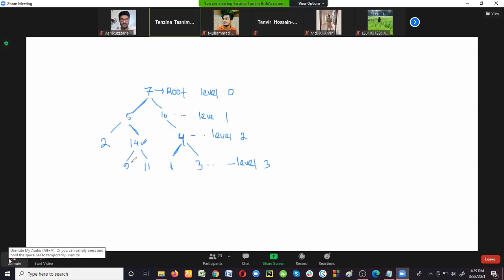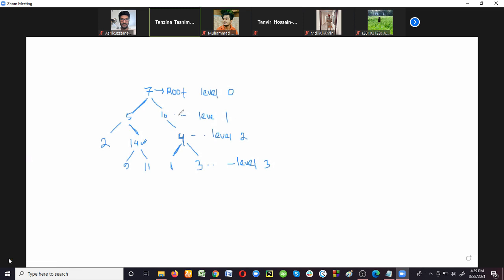And when we were counting the number of edges for the whole tree, we saw that the height of the root node is actually the height of the tree. But when we are calculating the depth of the tree, we need to consider the leaf node from the last level.